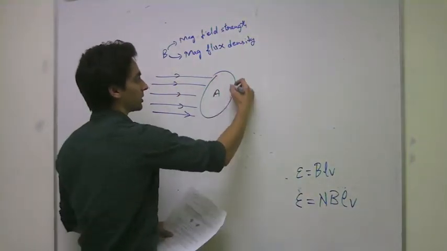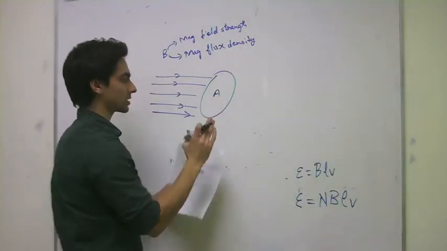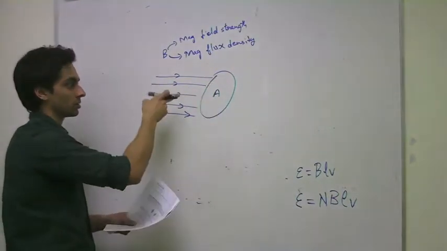Magnetic flux would then be the density multiplied by the cross-sectional area, which is perpendicular to the magnetic field.